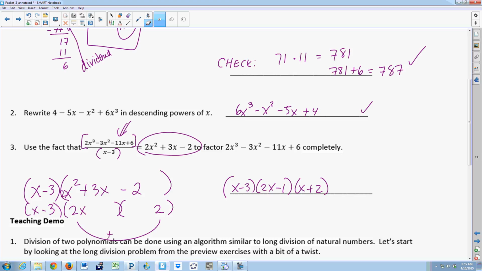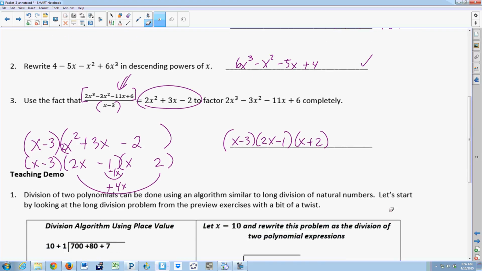And I want it to be a positive 4x, so when I put the minus 1 there, times 1x, I get my 3x in the middle. So there's my complete factorization. Okay. So we can say that all of these numbers truly are factors of this original polynomial.